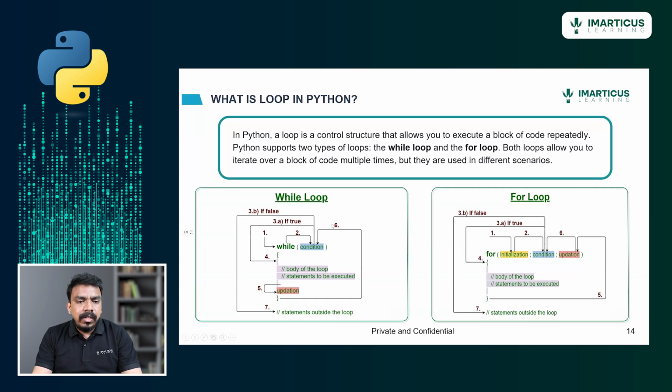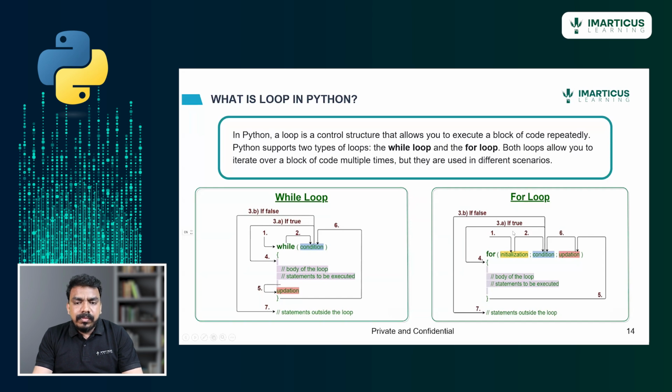I hope that's clear. So this is the flow statement, or the structure, of your while loop as well as the for loop. If true, it goes into the first section, that is the while. You write while and some condition, and below the condition you write the block of code or the statements, and then the same iteration keeps repeating, right?